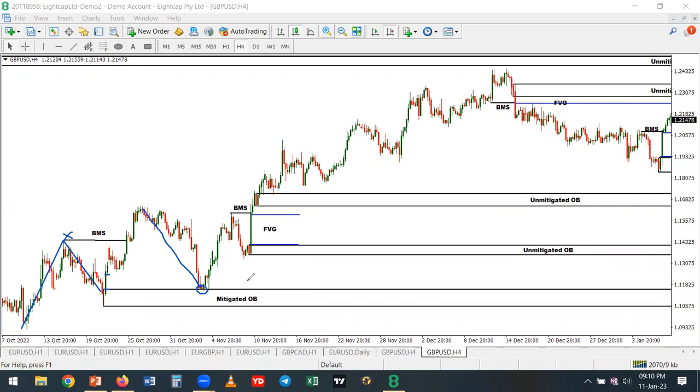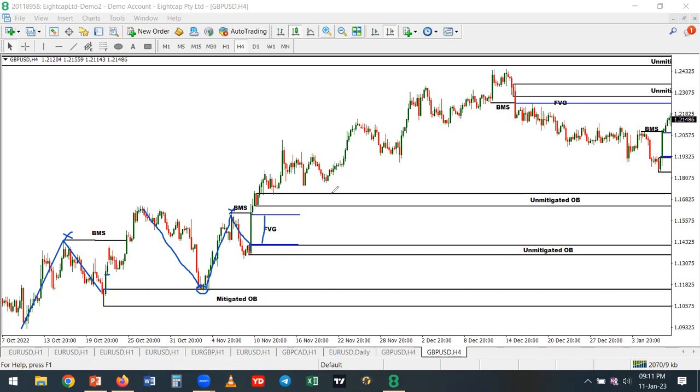Now, as a trader, you may not have seen this entry, or you may not see it when it happened. But the market continued, went up again, came down here, and formed another order block. Why was this place confirmed as an order block? One, this is FVG. Two, it broke the structure.